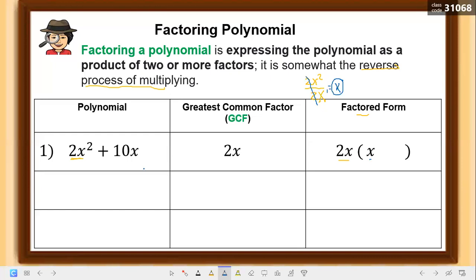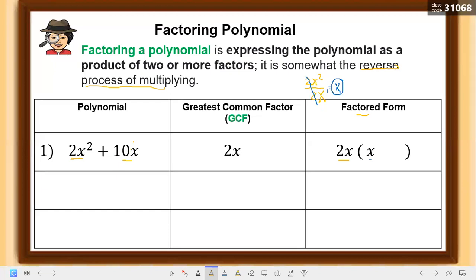Let's have another. Sa second term naman tayo. Yes. Can you give me? Zach Andre, again. Plus 5 po. Okay, very good. How did you get 5? Kasi po 2x times 5 po is 10x po. Yes, very good.